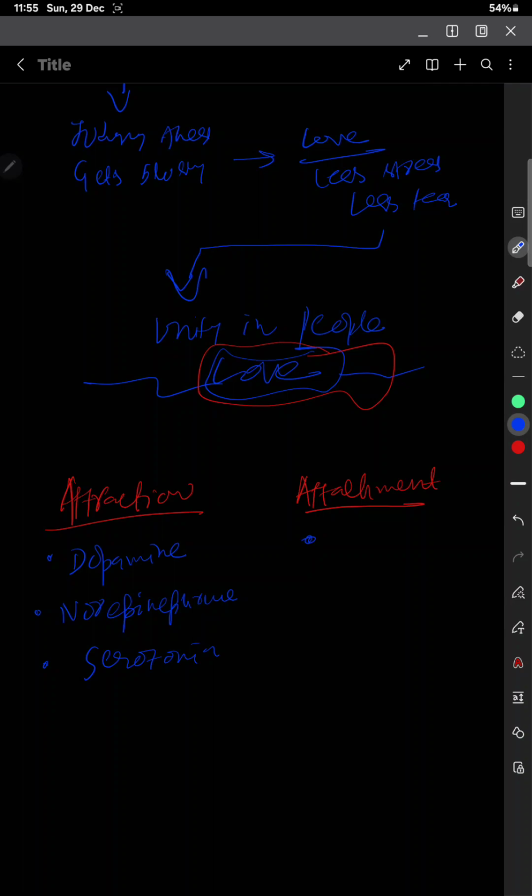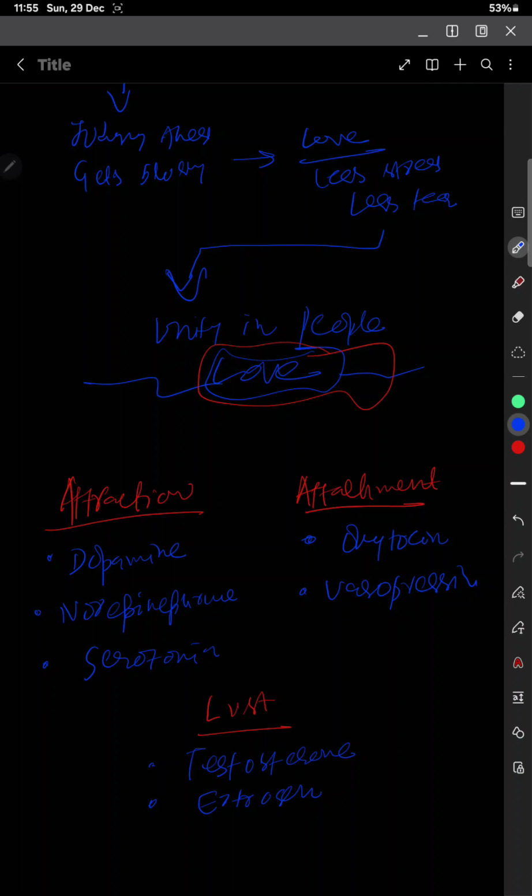For attachment, the more important ones are oxytocin and vasopressin. One more term related to these is lust. For lust, the hormones that increase in our body are testosterone in males and estrogen in females.